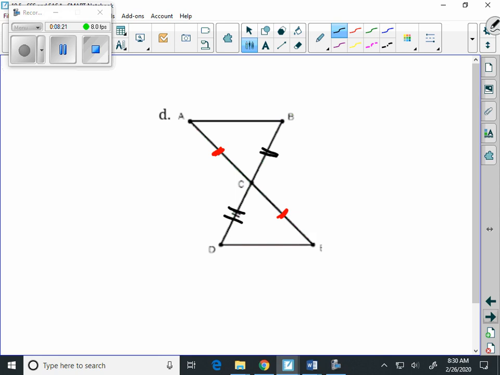But if you recall from our previous notes, this is called a bow tie picture. If you kind of turn your head to the side, you might see the bow tie. And with regards to the bow tie, we always have vertical angles in a bow tie picture.